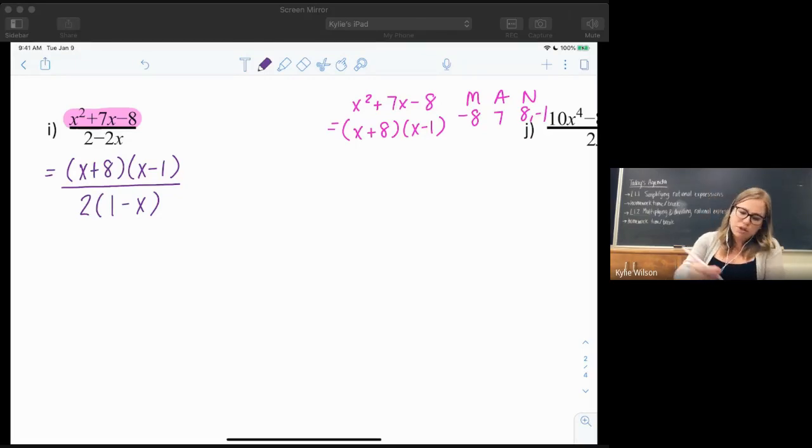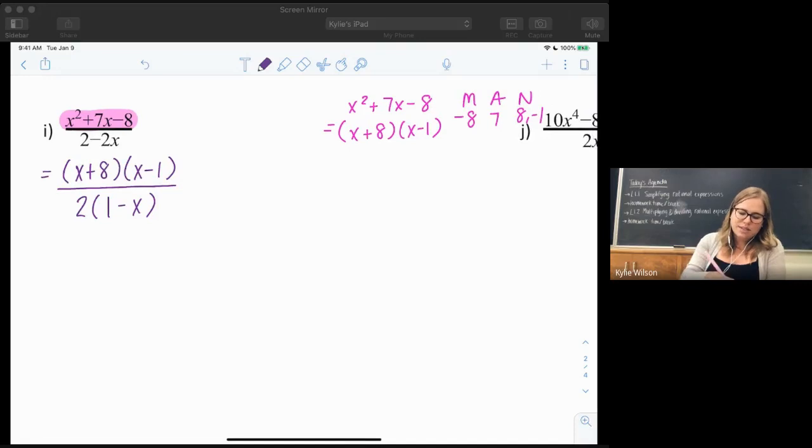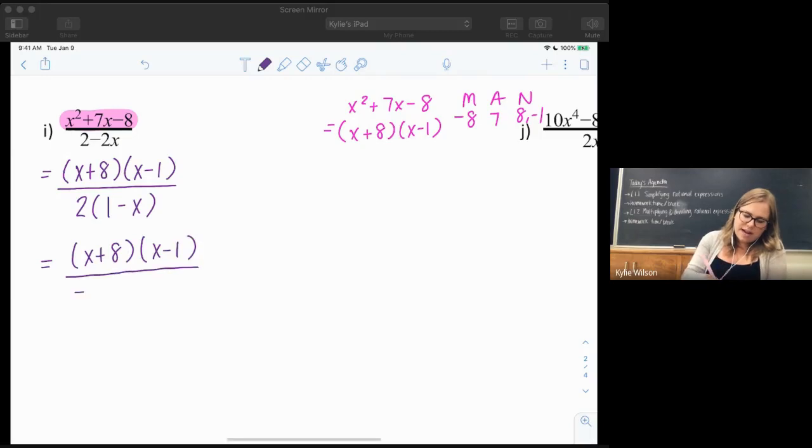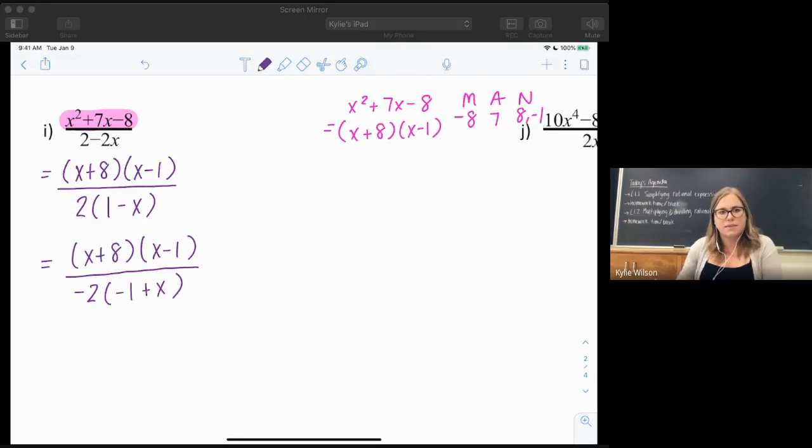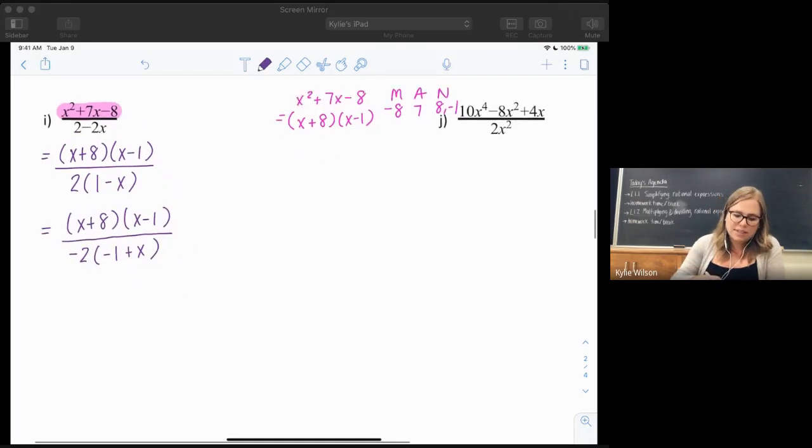So what I'm going to do is factor out a negative 1 out of this bracket here. So I'm going to factor out negative 1. So now I'll have negative 1 plus x, like this. And I'm doing a few extra steps here, which you don't necessarily need to write. Just want to make sure everyone sees what's going on.